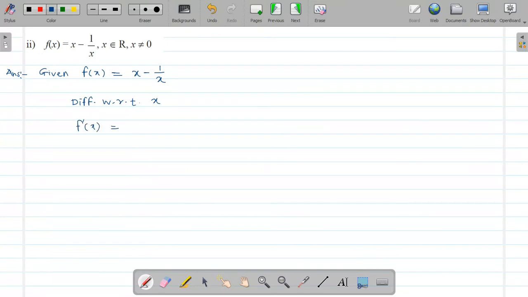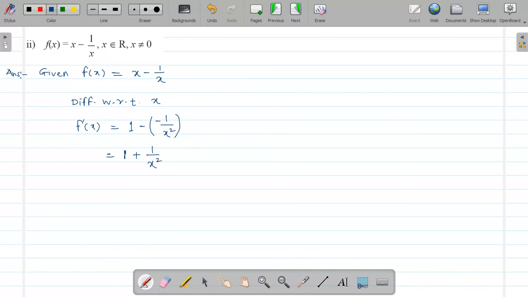Just take the derivative. Derivative of x is 1 minus derivative of 1 upon x. All of you know that it is minus 1 upon x square. Check this. So finally you will get 1 plus 1 upon x square. So this is our f dash x.